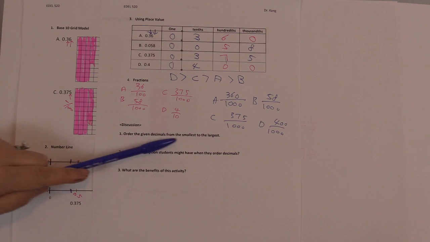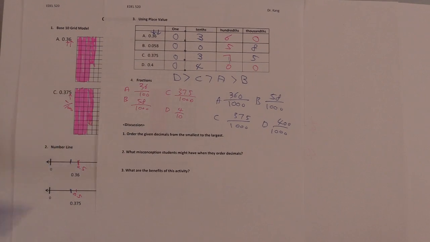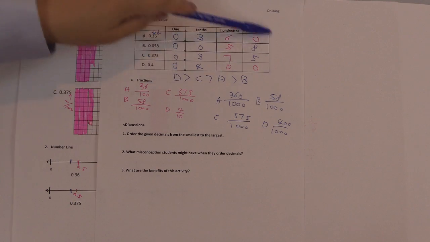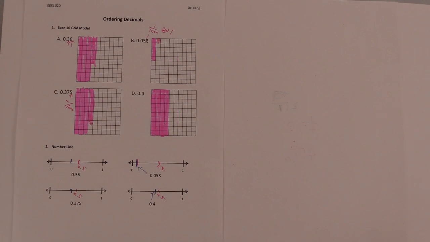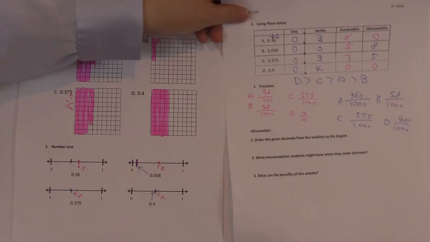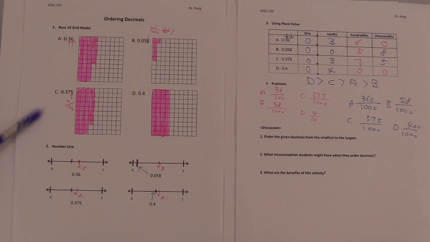Okay, so ordering the given decimals from smallest to largest, they are B, A, C, D. And what misconception might students have when they order decimals? Whenever they look at numbers like this, a lot of them are going to say 4 is the smallest and C is the biggest.